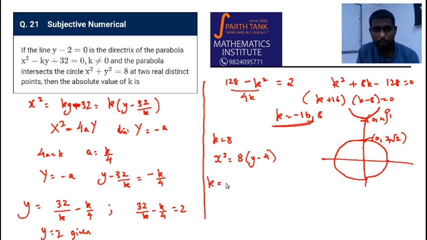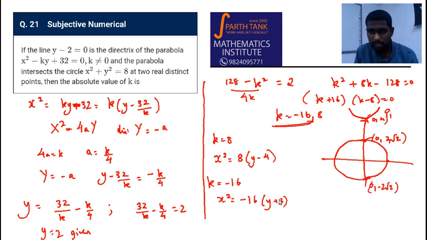K is equal to minus 16 on the other hand means the parabola is going to be minus 16 times y plus 2. You substitute minus 16 here and take minus 16 out, it becomes y plus 2. Now this parabola, of course I told you this point is 0, minus 2 root 2. Now this parabola's vertex is 0, minus 2. And this parabola is open downwards.